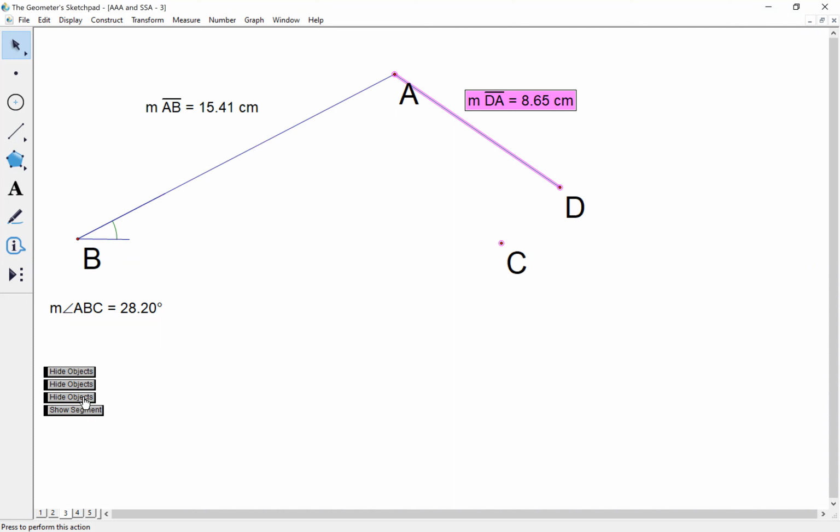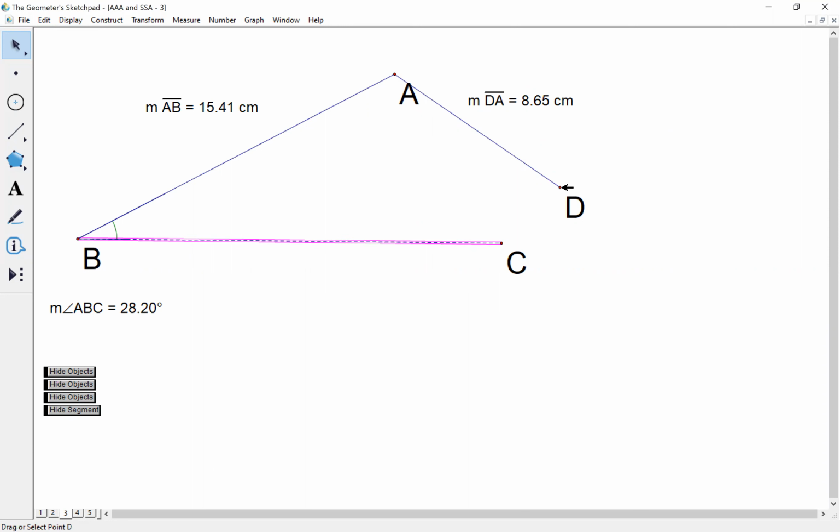Now my question here is, given that angle, that side and the other side, can I construct only one triangle, or can I come out with more than one triangle? For congruency, I can only come out with one triangle. So let me extend the segment BC.